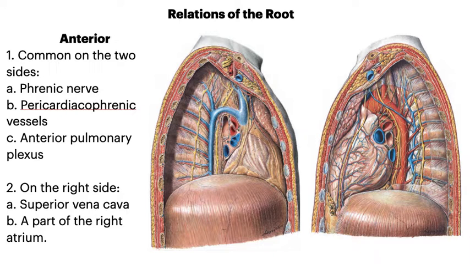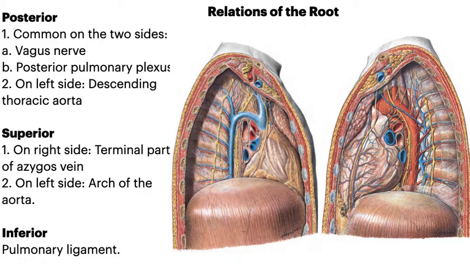Anteriorly, common on both the sides, we have the phrenic nerve running anteriorly, the pericardiophrenic vessels, and the anterior pulmonary plexus. On the right side, we have the superior vena cava and a part of the right atrium. Posteriorly, common on both sides is the vagus nerve.